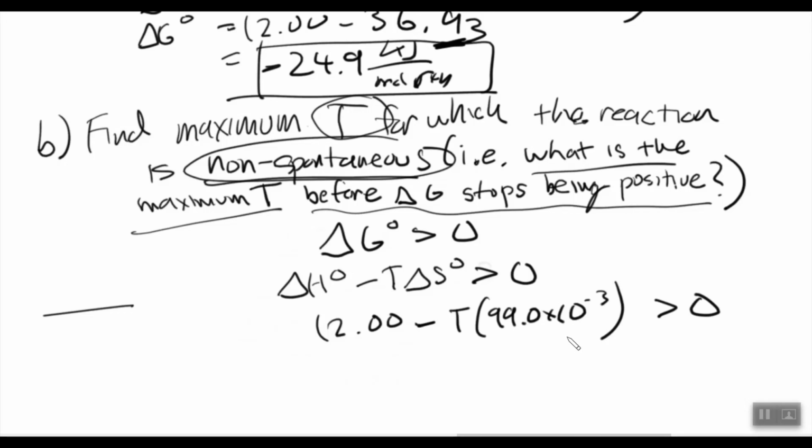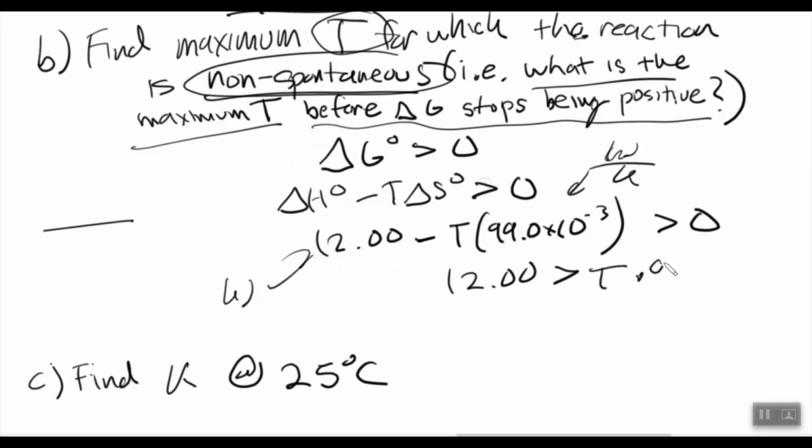Note that I matched the units, so this is in kilojoules per Kelvin, that's in kilojoules, and everything is great. Now add it to both sides, 12.00 is greater than T times 99.0 times 10 to the negative 3.